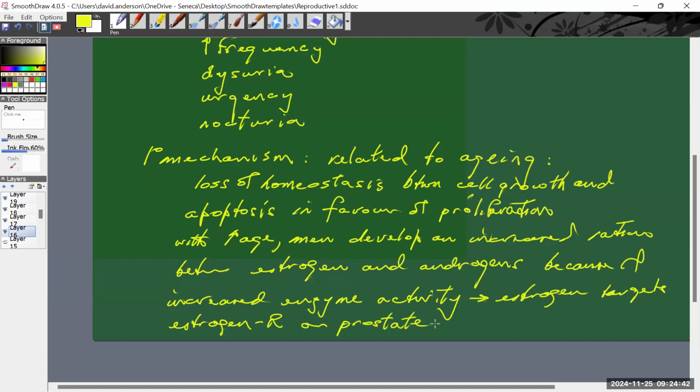So the prostate gland is described as having hormone responsiveness specifically to estrogen in this case, and those activated receptors promote proliferation of most of these prostate cells.